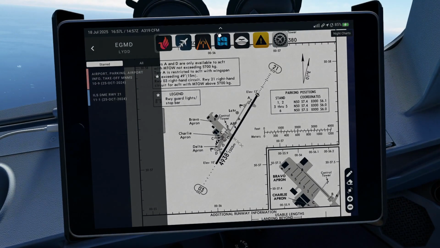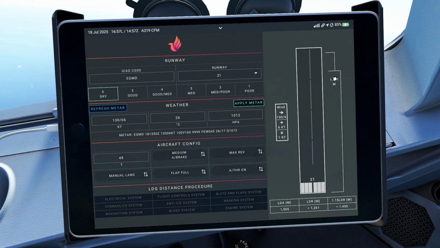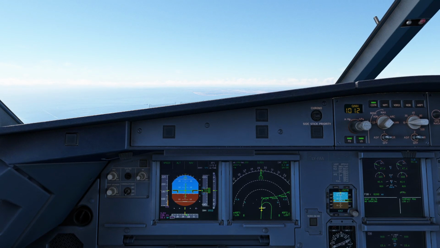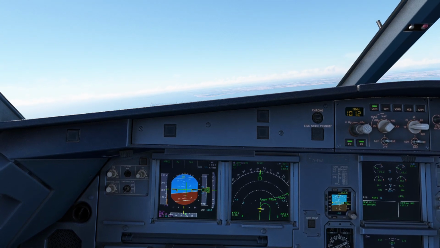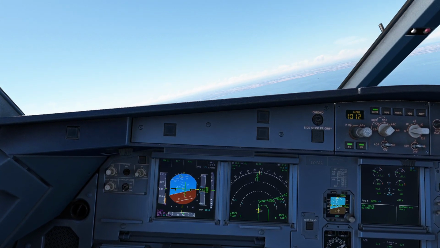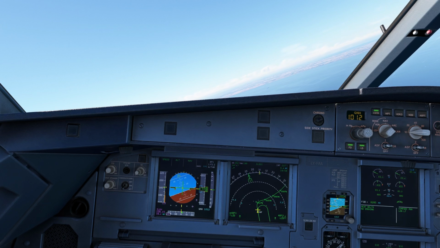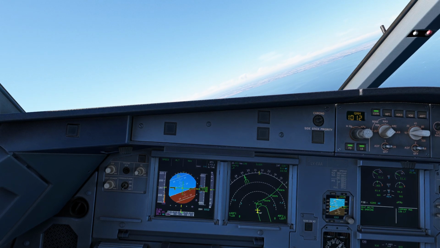Today, with almost 49 tons of weight, you see that our landing distance required and factored landing distance are marginal, with the medium autobrake and maximum reverse thrust. The last item, which is very important operationally: our touchdown needs to be firm. Spoilers out, reverse max, and there is no room for floating at this airport and this runway.